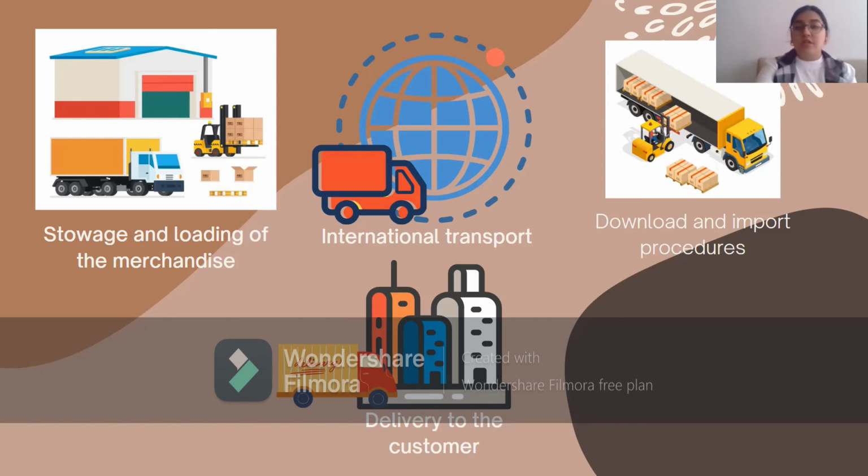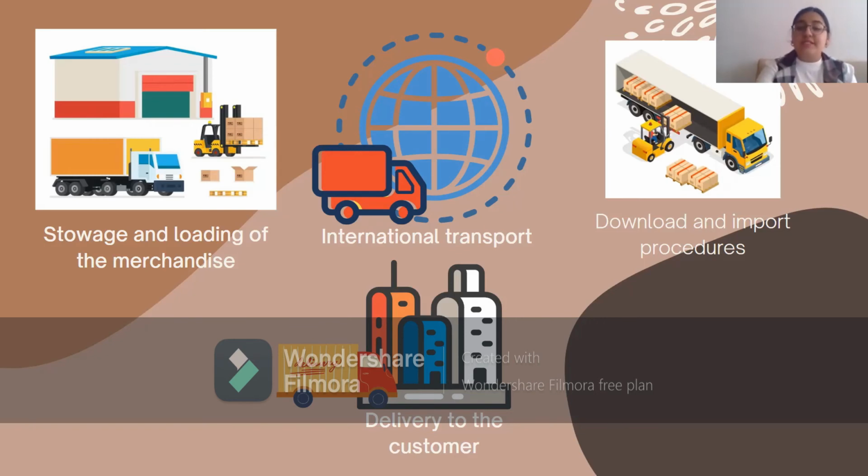Once the merchandise is declared and suitable for use in the importing country, the transport company at the destination will collect the merchandise from the terminal and will deliver it to the delivery point agreed with the importer.